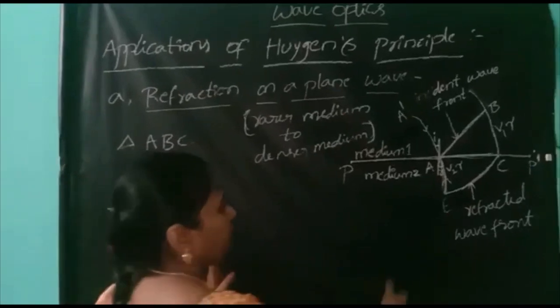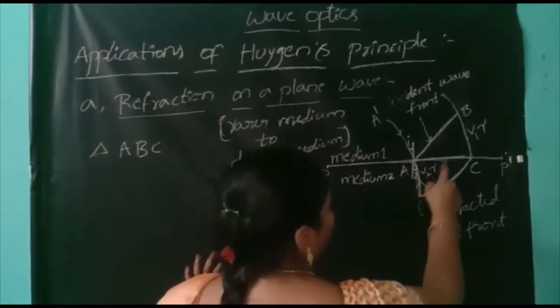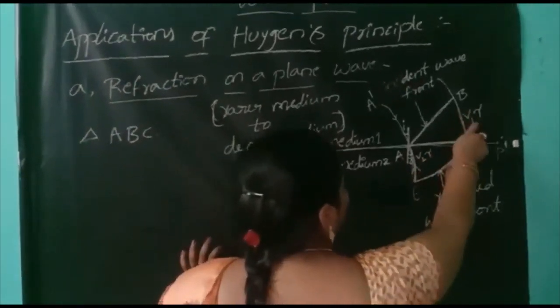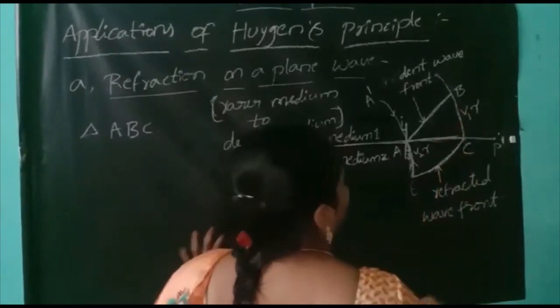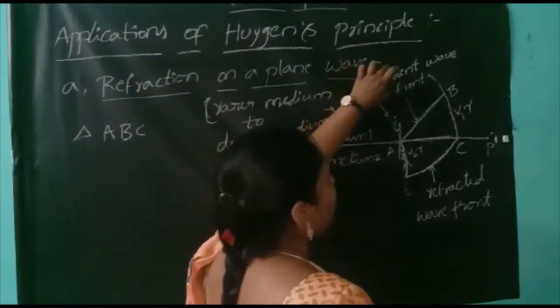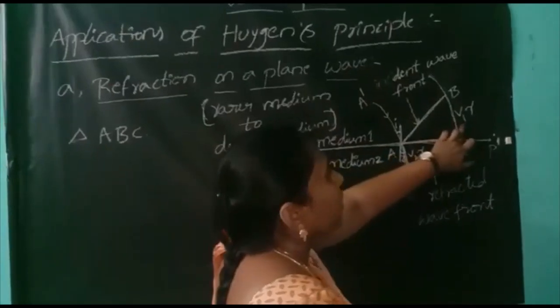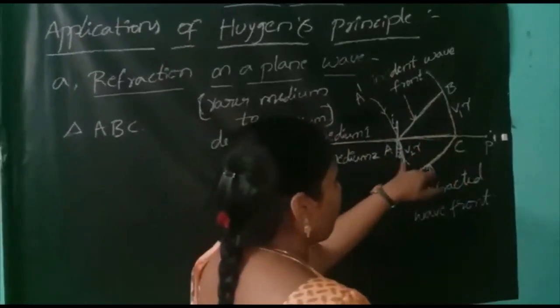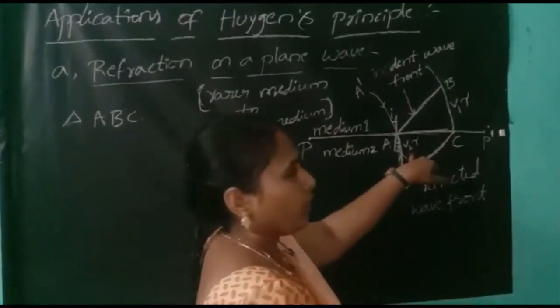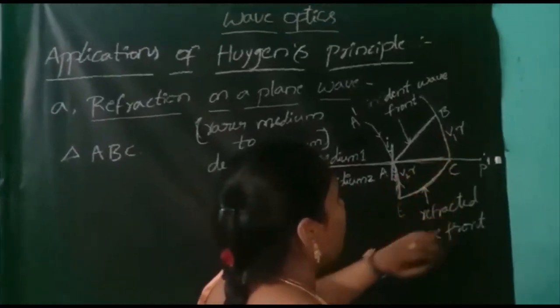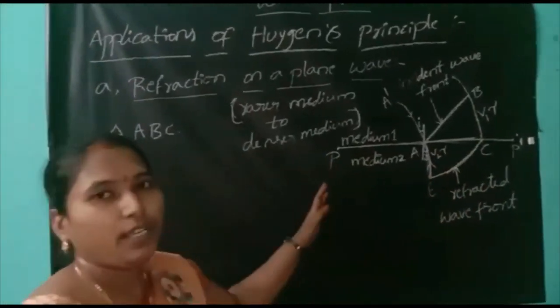Here V1 and V2 are the velocities. The incident wave travels with velocity V1 and the refracted wave travels with velocity V2. V1 and V2 are the velocities in the rarer and denser mediums.